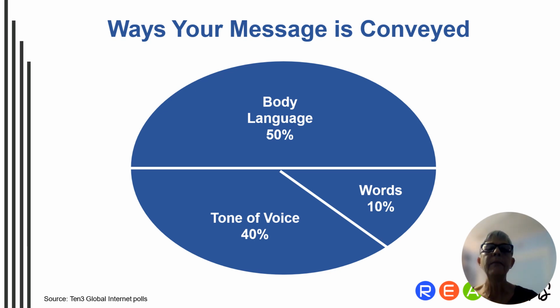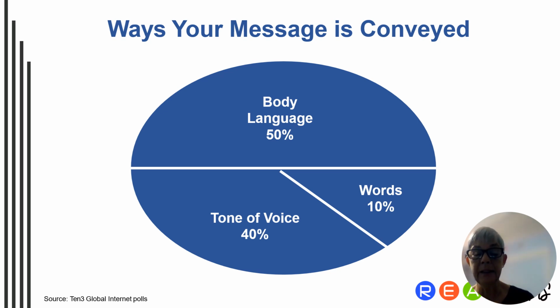And so our message, communication, the way that we interact, 50% of that is our body language. And that could be our facial expression, it could be how we are standing, but it's our body language. 40% of that is your tone of voice. I always say that you can say whatever you need to say to somebody. It's about how you say it that counts.